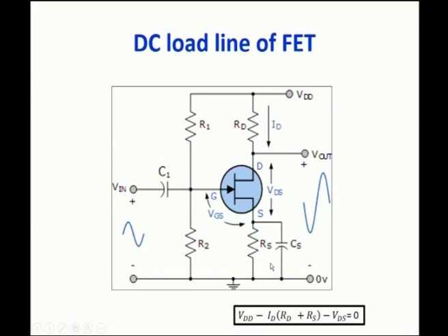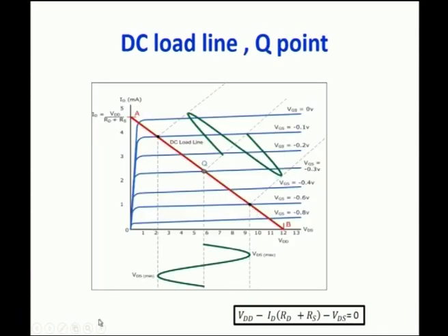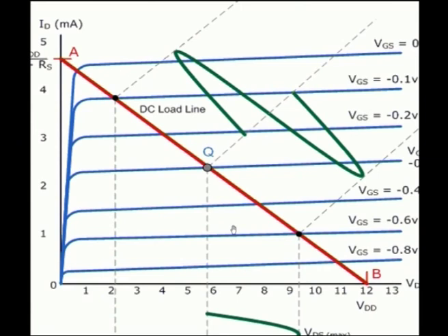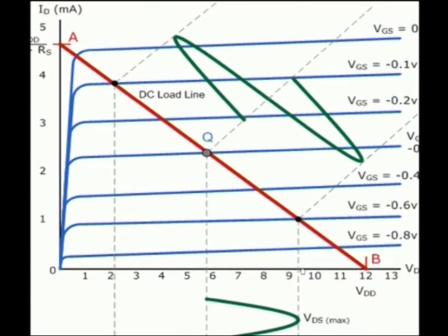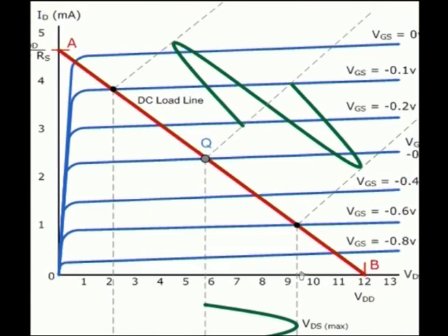This ID you can take as a common parameter. So, VDD minus ID into RD plus RS minus VDS is equal to 0. So, you have plotted the characteristics. This is the output characteristics of JFET in its potential divider biasing.